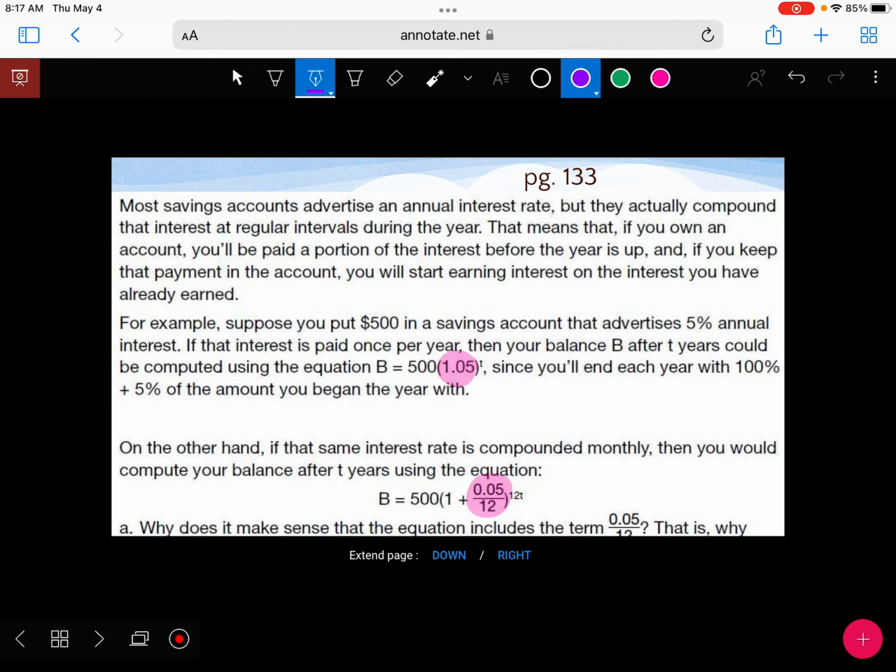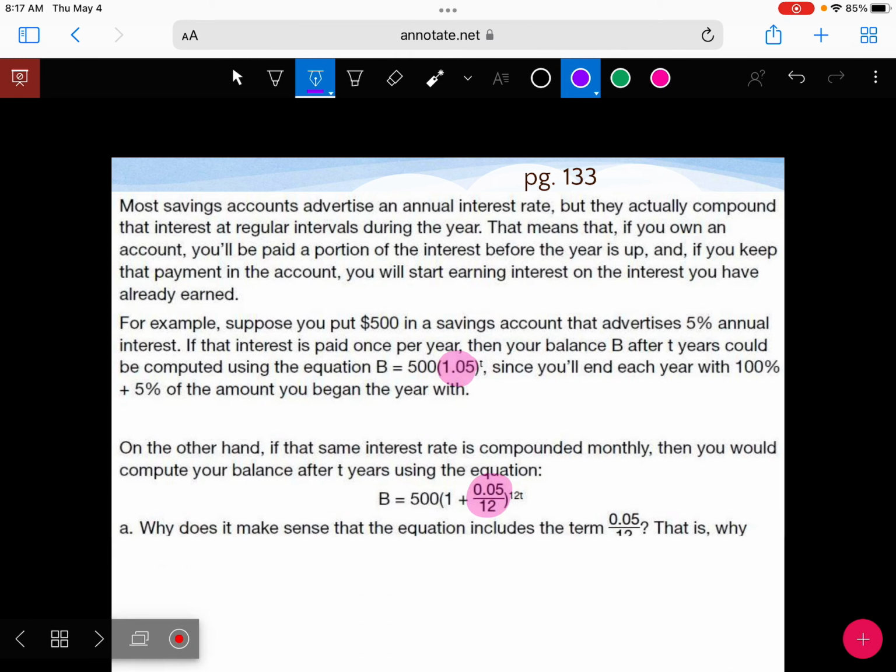So if the bank wants to be able to say that it's 5% per year, but they're going to calculate it monthly, which most banks do, we have to take that interest rate and divide it by however many times they're calculating it. So they're going to take a piece of the 5% each month. It averages out to about 5%. But that's what that's looking at.